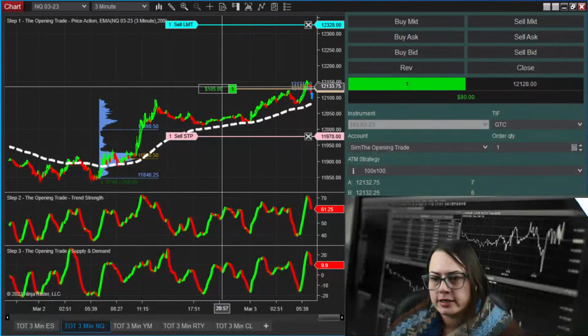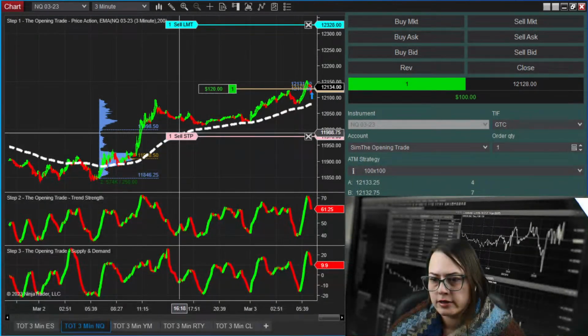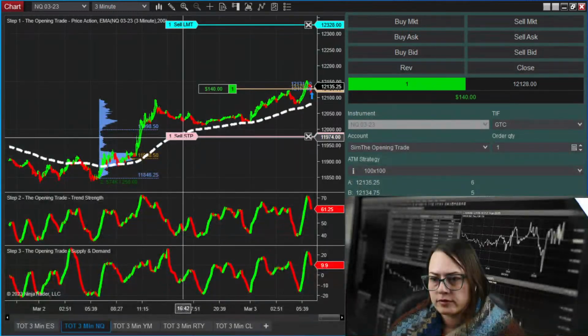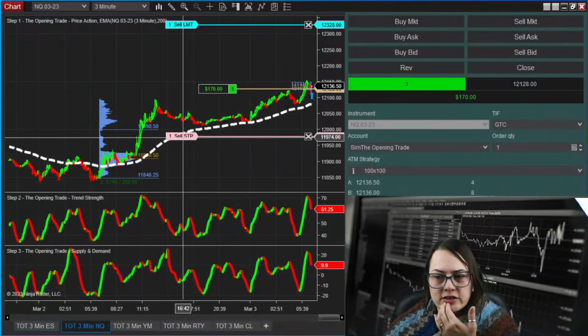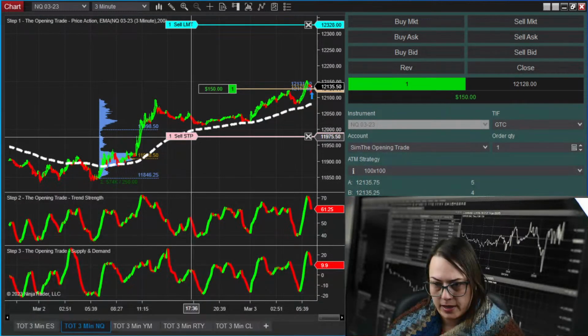Okay, so once my green box right here, okay, so all right, so now that I'm over $100 in profit, I'm going to start managing my pink bar here.